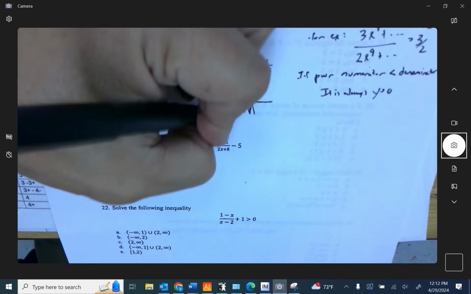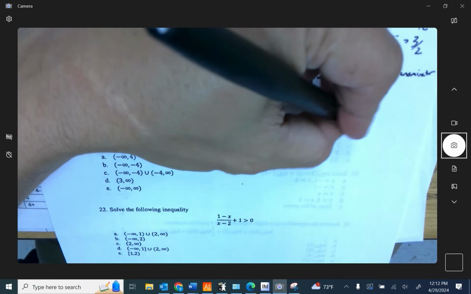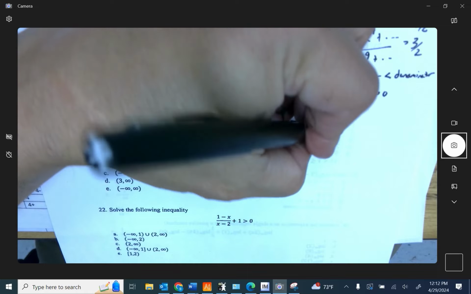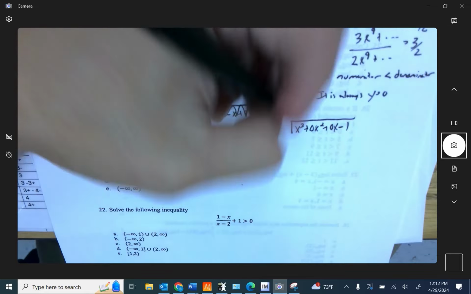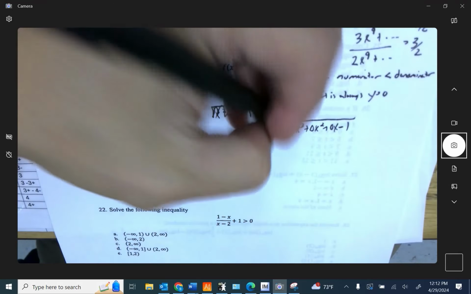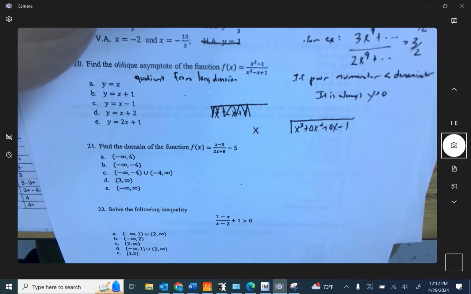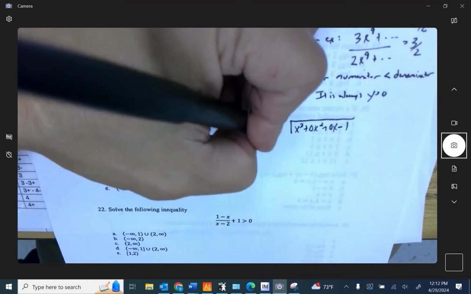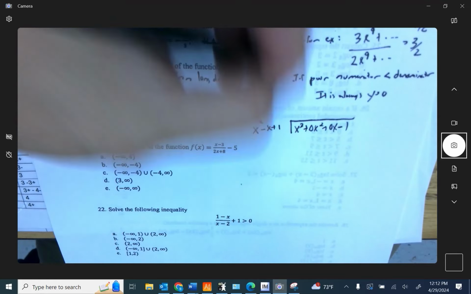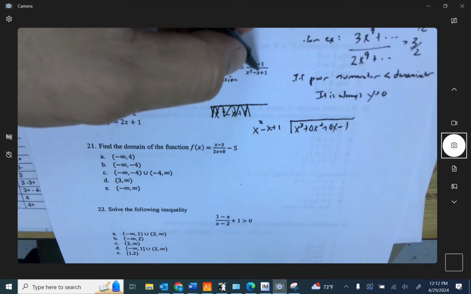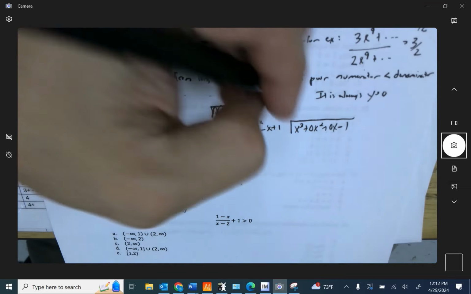Let's see, inside is going to be x cubed. I'm going to put plus 0x squared plus 0x minus 1. You could, if you know what you're doing, do synthetic division on this one. Because, no, you can't. I'm wrong.